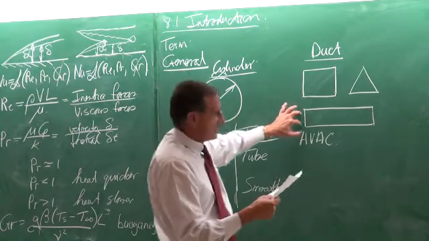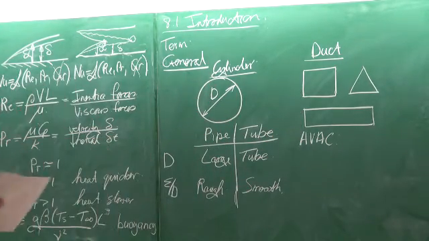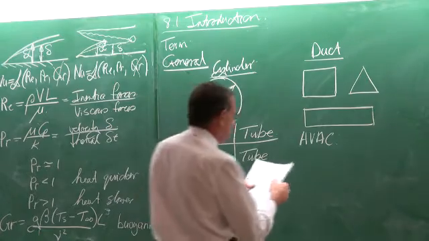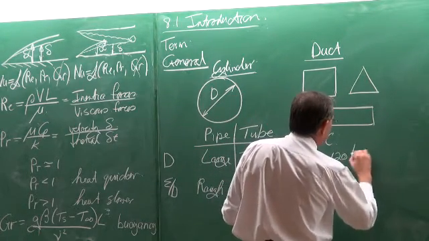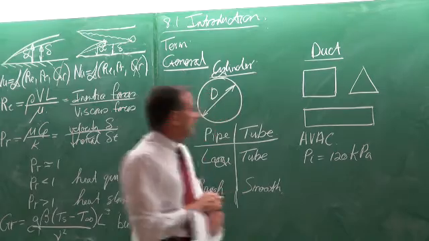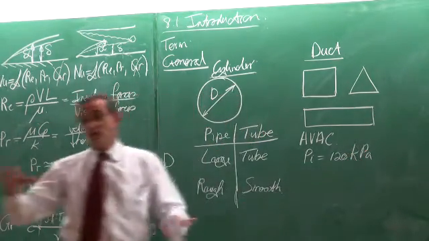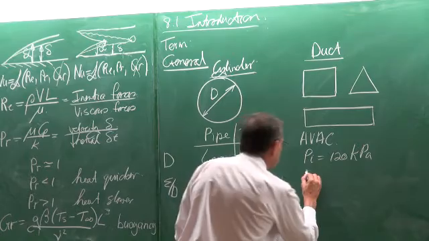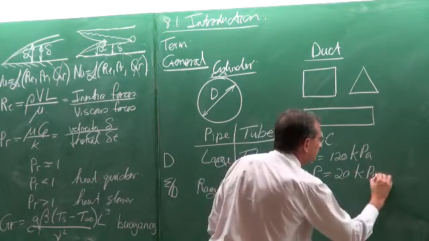Normally they are galvanized sheets which are being bent, and normally the maximum pressure on the inside that it can take is approximately 120 kPa. So if atmospheric pressure is about 100 kPa, they can take pressure drops in the order of about 20 kPa.